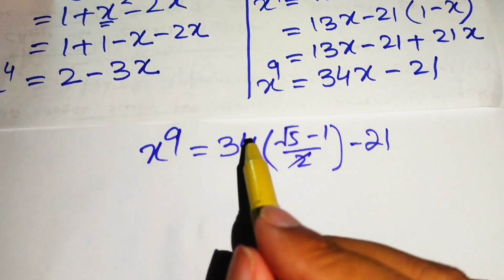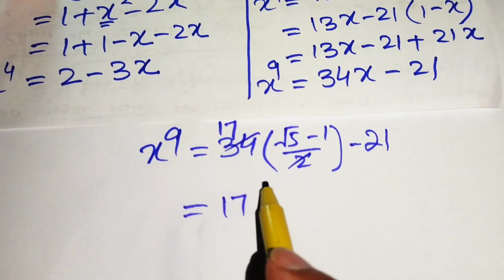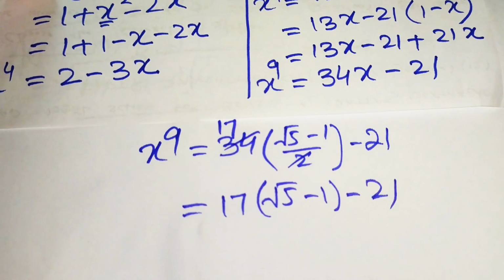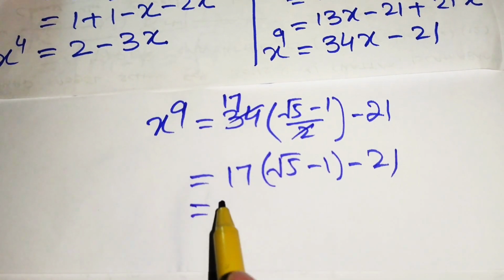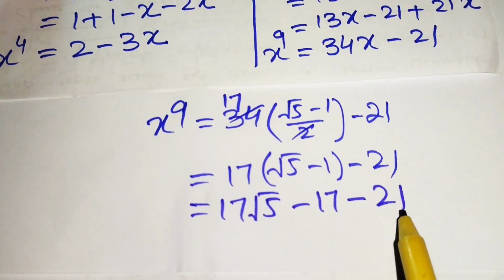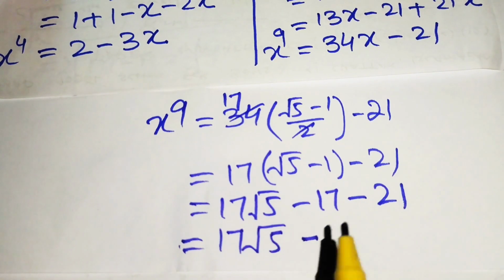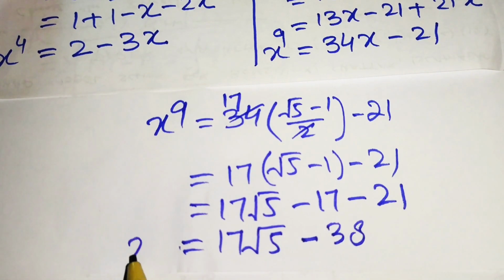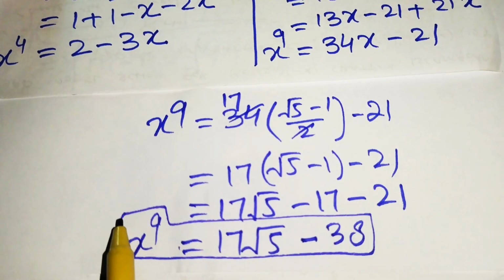Here you see that 2 times 17 is 34, and you get 17 times (square root of 5 minus 1) minus 21. Now we multiply the 17 on both of these terms and you get 17 times square root of 5 minus 17 minus 21. So finally we get 17 times square root of 5 minus 38. So this is the value of x to the power of 9. This is our final answer.